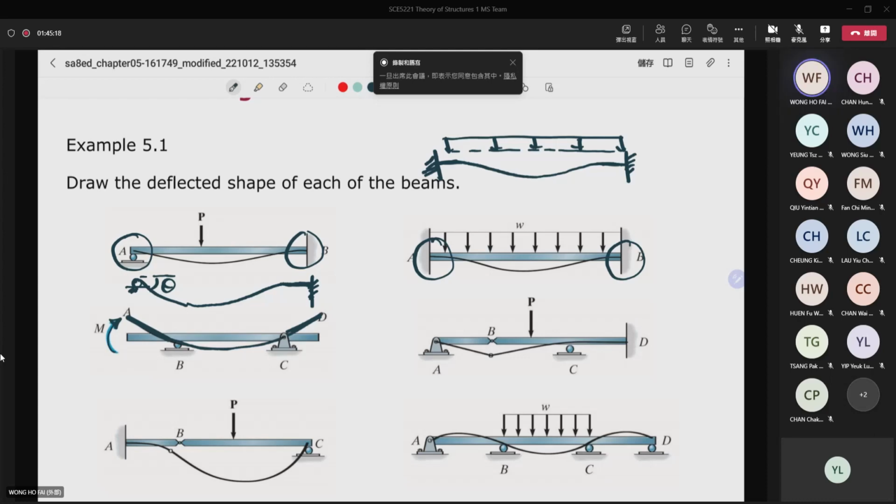And then for this structure, you can see that there's a hinge here. If there's a hinge, that means the bending moment is equal to 0. Then here you can see that this one is just like a cantilever, and here there's no bending moment.